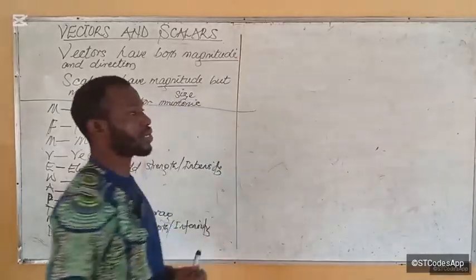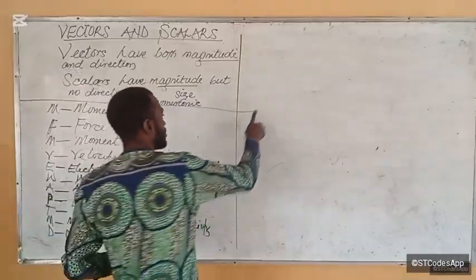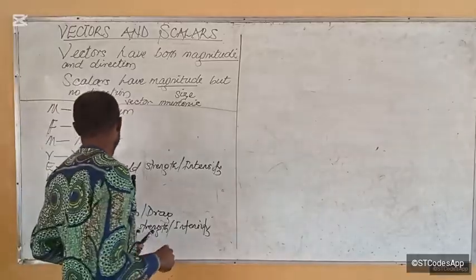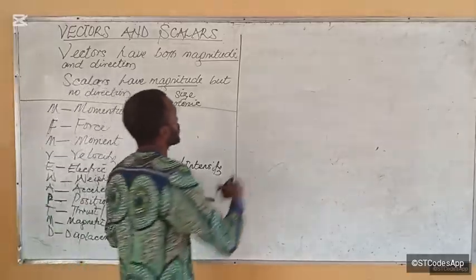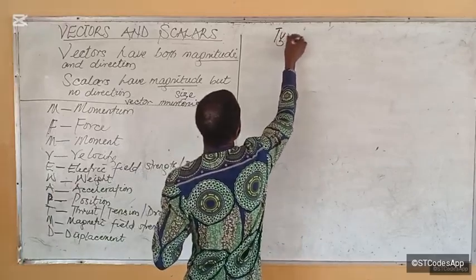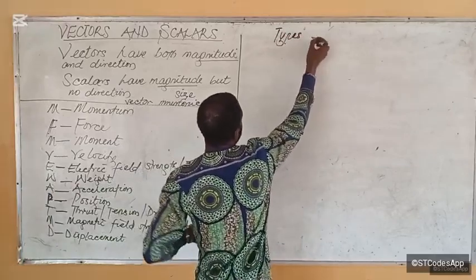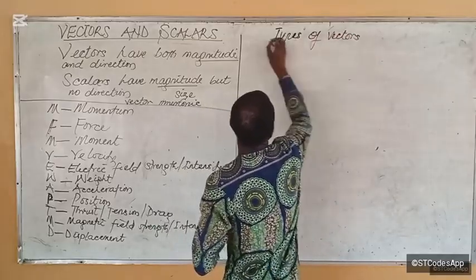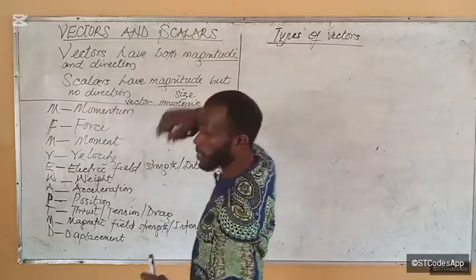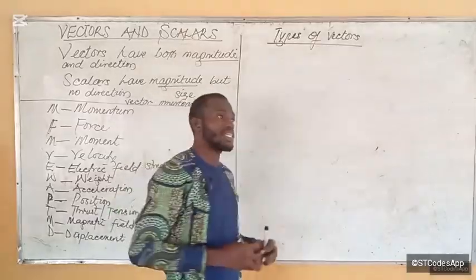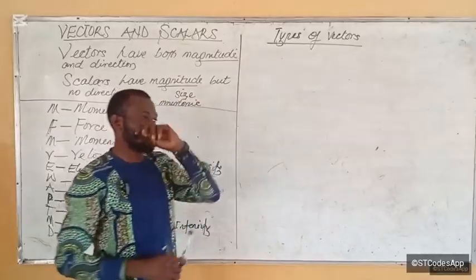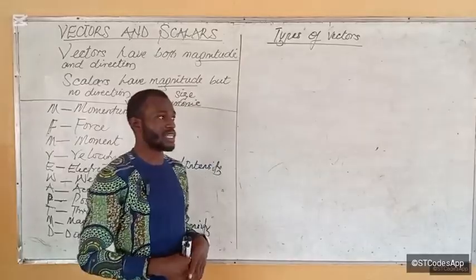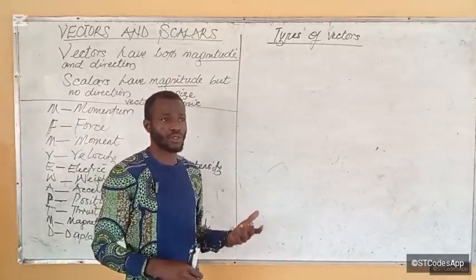Now, let's talk about the types of vectors. We have two ways we classify vectors. The first classification is based on their nature, and the second classification is based on their function.